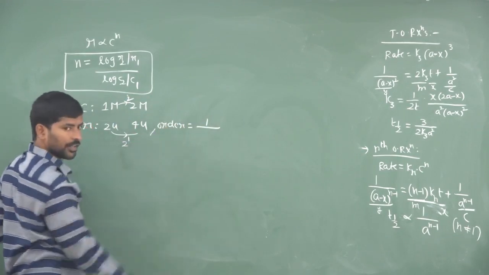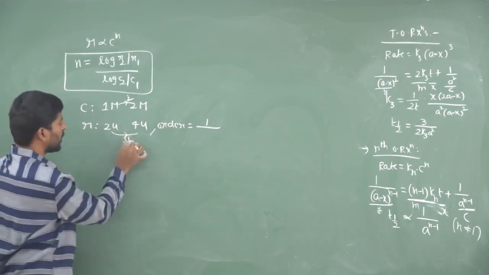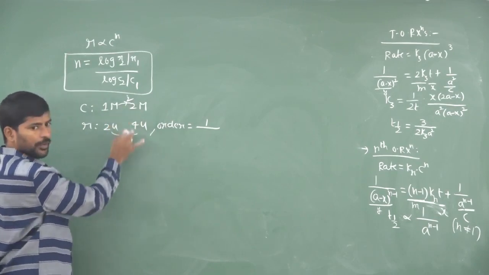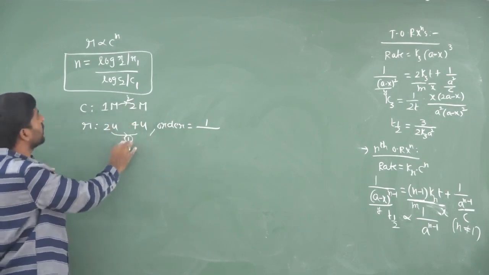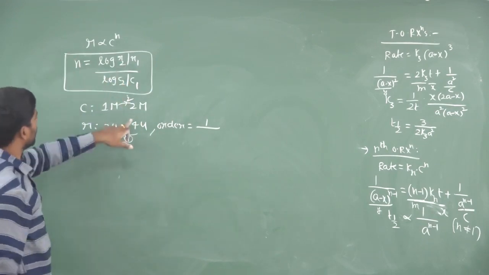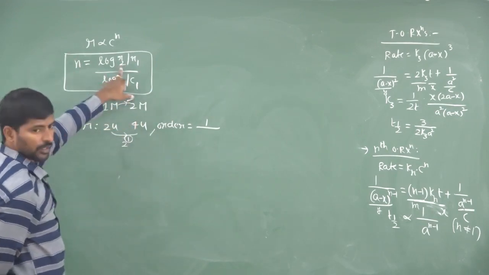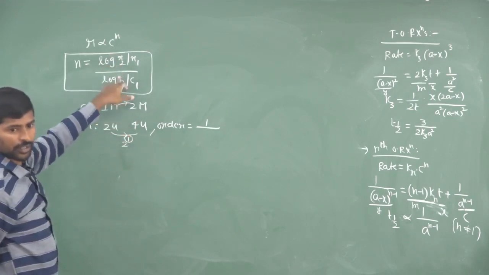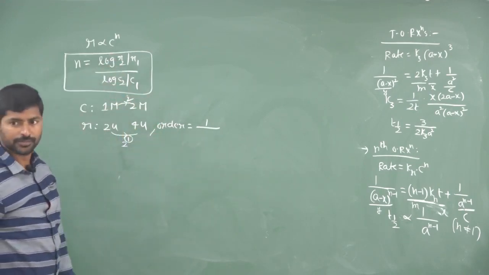So what is the order? We get 1. So the power is nothing but the order of the reaction. So simply you can verify like this, otherwise you may substitute in this equation and get 1 only. Log 4 by 2 means log 2, log 2 by log 2 gets cancelled, we get order 1 only.